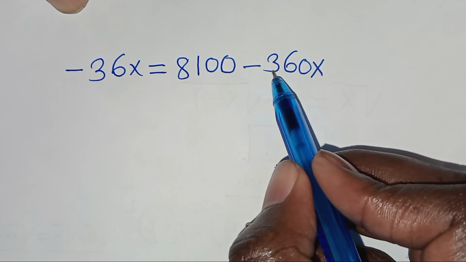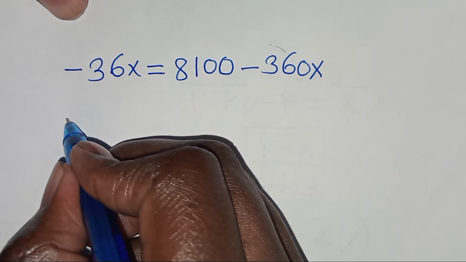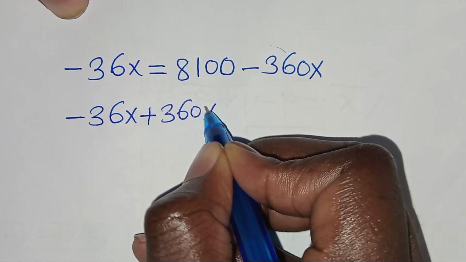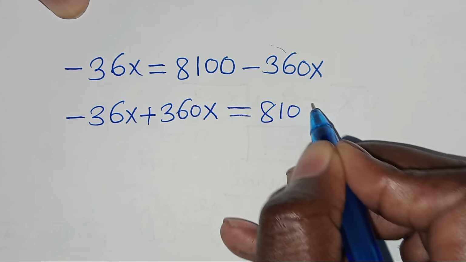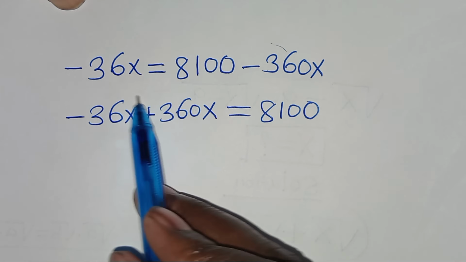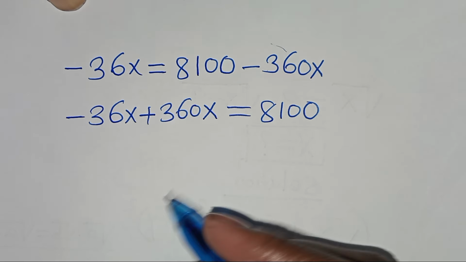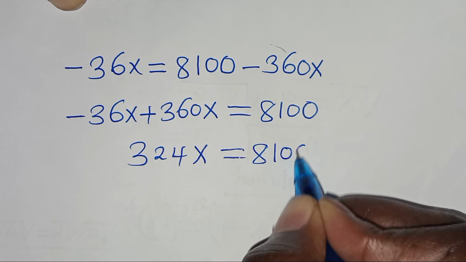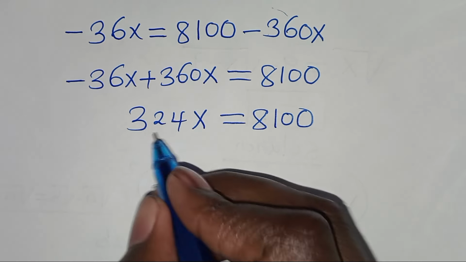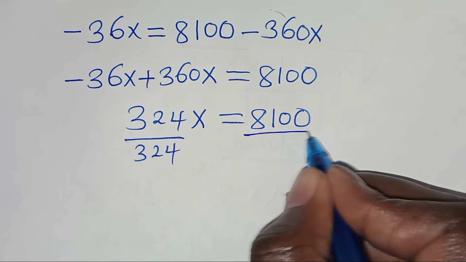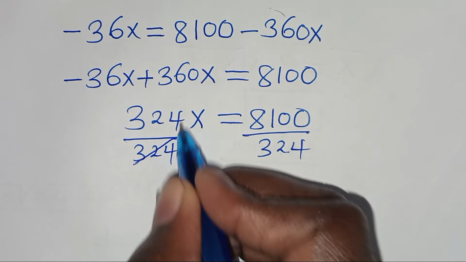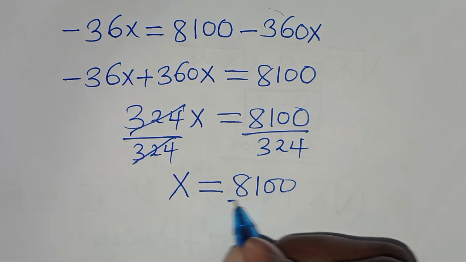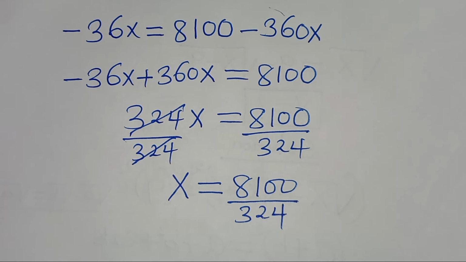Now from here, let's take minus 360x to the left hand side, so that we have minus 36x plus 360x equal to 8100. Minus 36x plus 360x is 324x, equal to 8100. Let's divide both sides by 324, so x is equal to 8100 divided by 324.